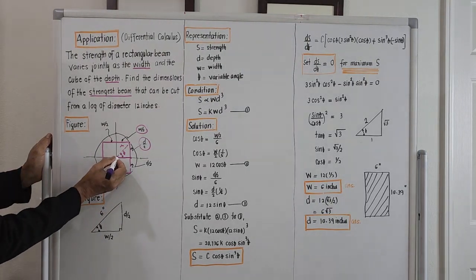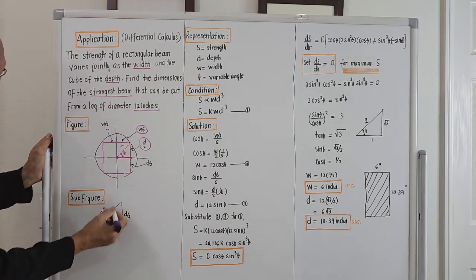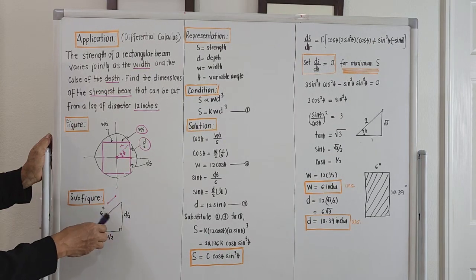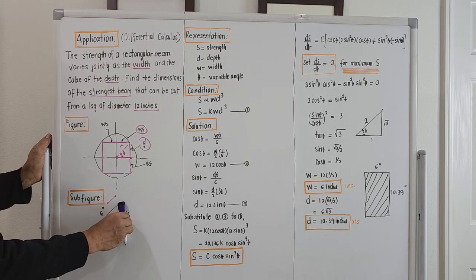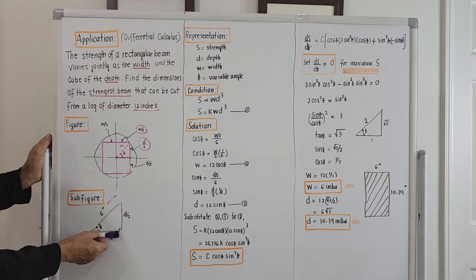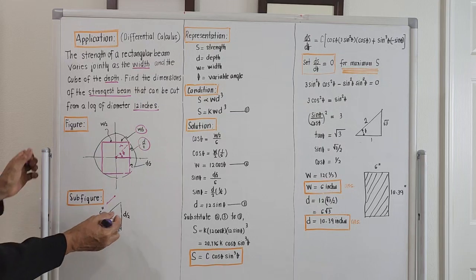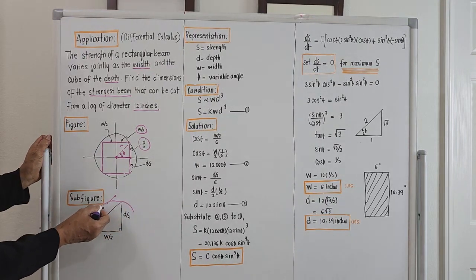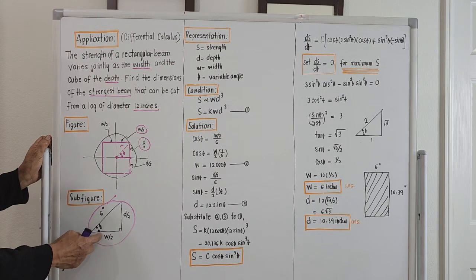If this is the center of the log, and the diameter is 12 inches, of course the radius will be 6 inches. So this is the radius. This is half of the depth, and this is half of the width. We need this right triangle to get the relation of the width, the depth, and angle theta.